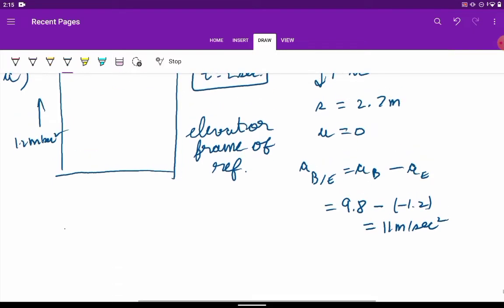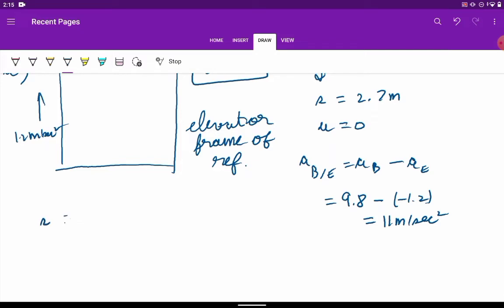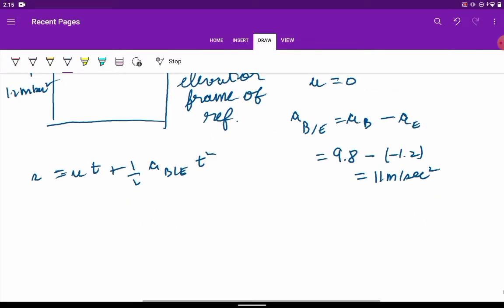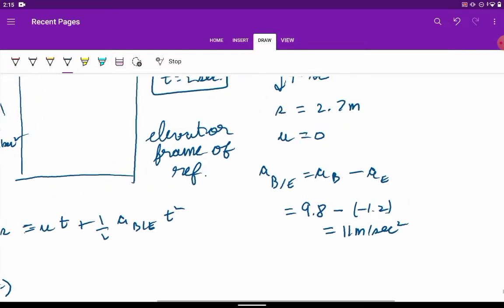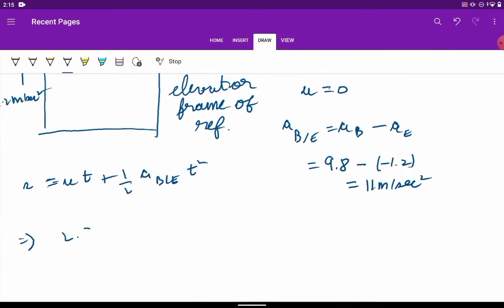Now we know that S is equal to ut plus half a with respect to e. Everything is with respect to the elevator. This means S is 2.7, 0 plus half a of b with respect to e, which is 11, into t square.